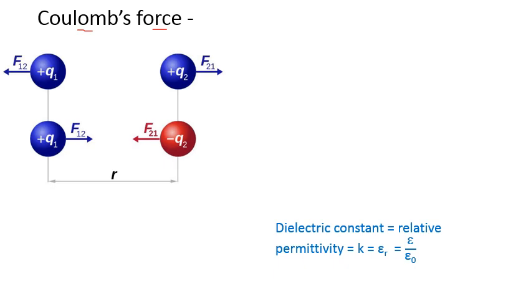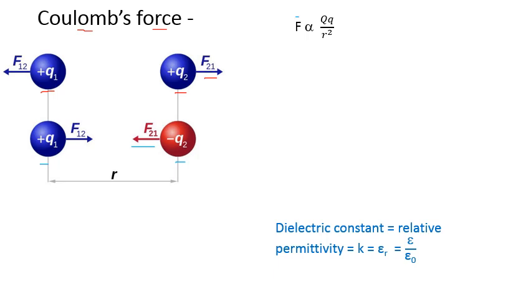I will explain this. Now see, these two are the charges Q1 and Q2, which are like charges. So there is a force of repulsion. In the second case, Q1 and Q2 are unlike charges, so there is a force of attraction. This force of attraction or repulsion is given by this mathematical form.